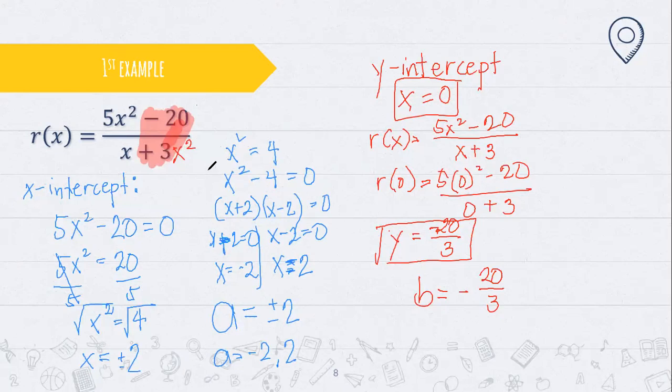Kapag undefined, yung x-intercept, yung y-intercept, or anything na kinompute natin, ibig sabihin wala siya nun. Kapag undefined si y-intercept, wala siyang y-intercept, at hindi tatama sa y-axis yung graph. Okay?